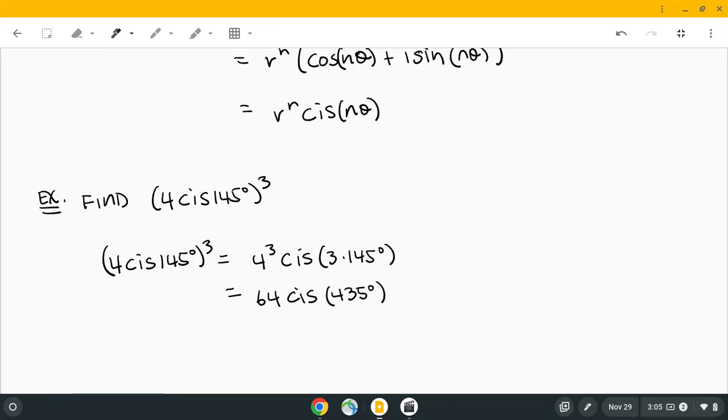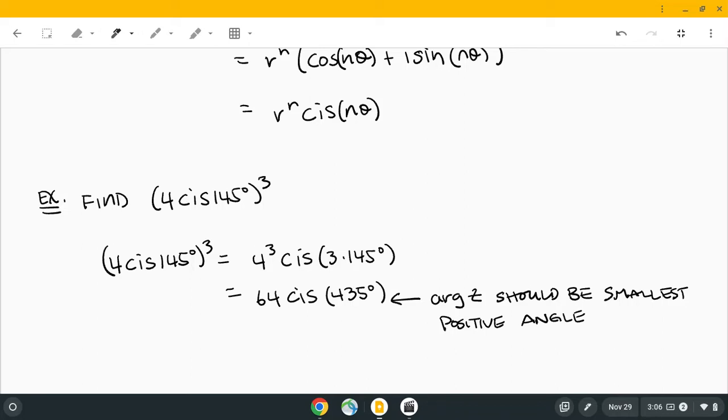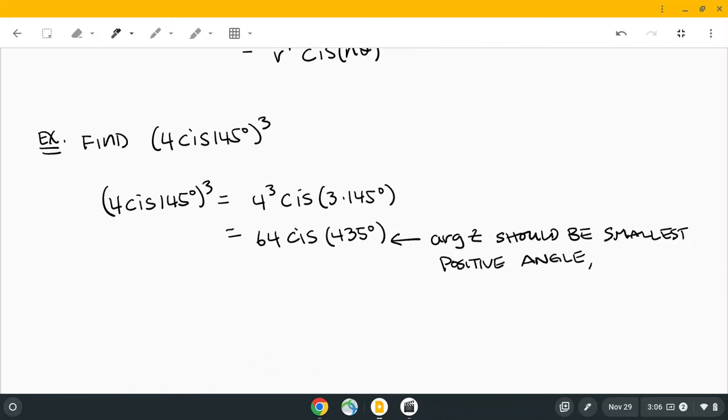But if you remember, the argument of z should be the smallest positive angle. We know that anything from 360 on is coterminal with an angle between 0 and 360, i.e. less than 360.